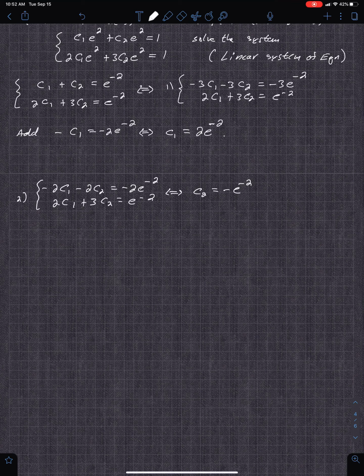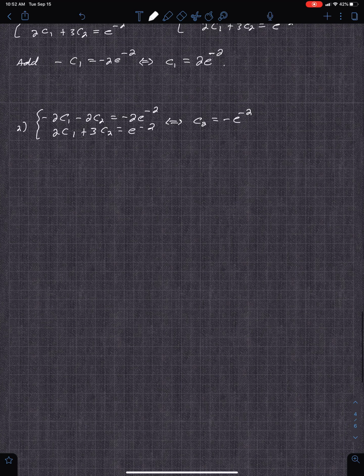Okay, so we found C1 and C2, so therefore we have the solution: y of t equal to 2e to the negative 2 minus e to the negative 2, times e to the 2t.